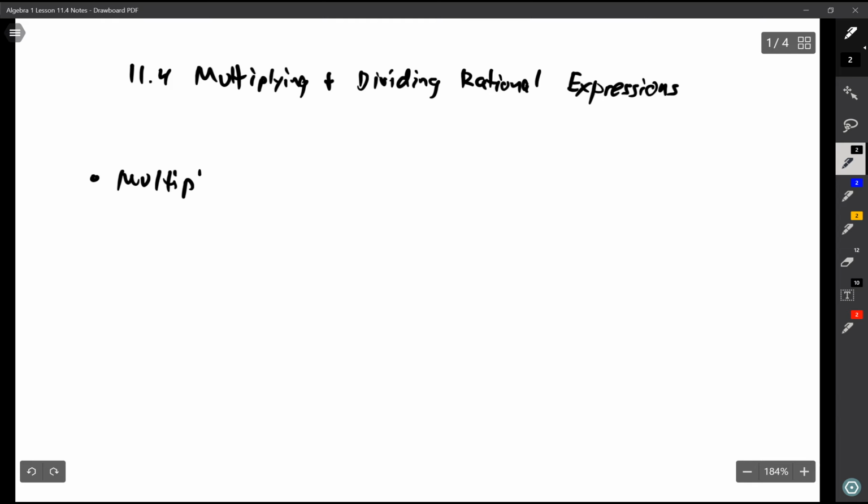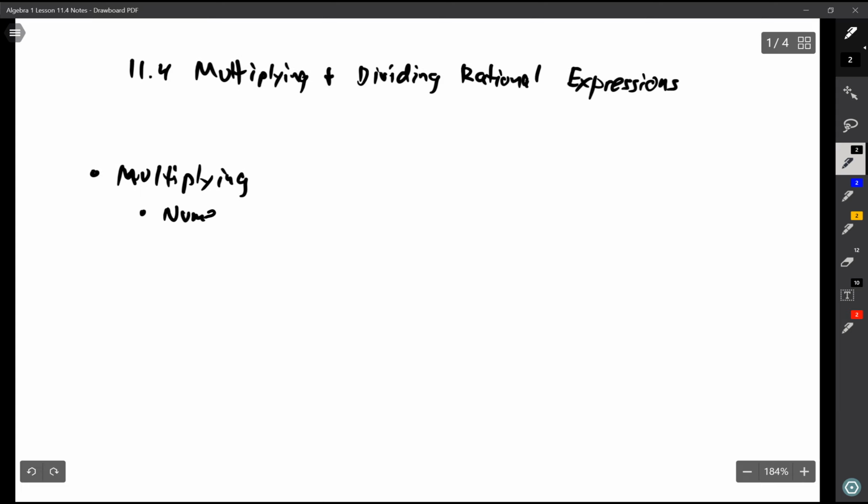We can just point out a couple things and then look at some examples. So we can say numerators multiply with other numerators.